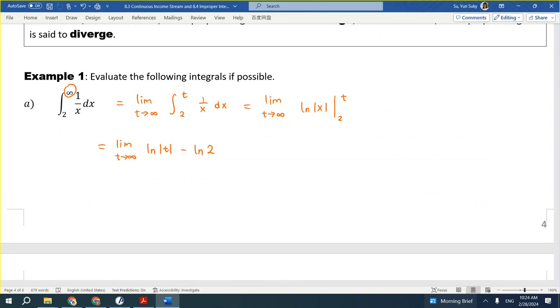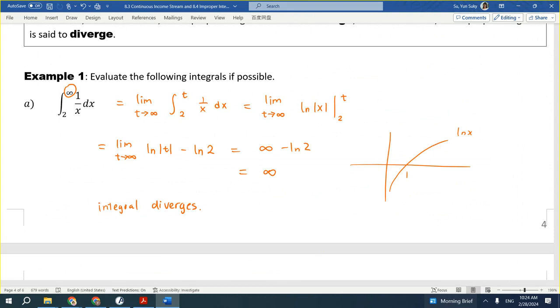So we get a function of t. But natural log of x passes through (1, 0), and when t goes to infinity, the ln of t will go to infinity. So you get infinity minus ln 2, which is infinity. Okay, everybody? If you get the integral is infinity, then you say the integral diverges. Okay, so the integral diverges.